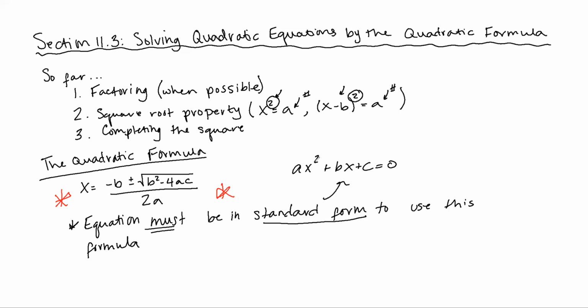The reason why it has to be in this form is that a, b, and c come from this a, b, and c. c is always the constant, a is in front of the x squared, and b is in front of the x. If it's not in standard form, then your signs could be wrong. Let's say the c was actually over on the right. It would have the opposite sign. So you want everything on the left, all multiplied out, 3 distinct terms. Sometimes you'll only have 2. Most of the time you'll be working with all 3 terms though.